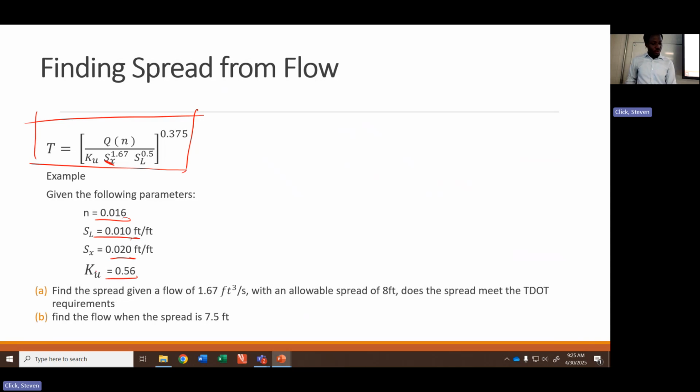Find the spread when you are given a flow of 1.67 cubic feet per second. And assuming that the allowable spread given by T dot is 8 feet, we want to know whether for this particular slope of the gutter we have chosen, it meets the requirements given by T dot. And also the second part is to find the flow when the spread is 7.5.